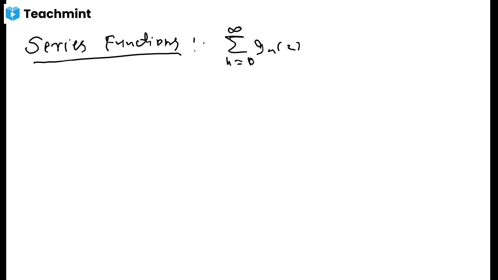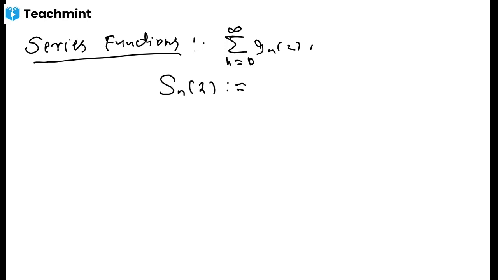Sometimes you might take summation from 10 to infinity also, but it's a series. The way to write a series of functions is with g_n(z), a function defined on some set in C.